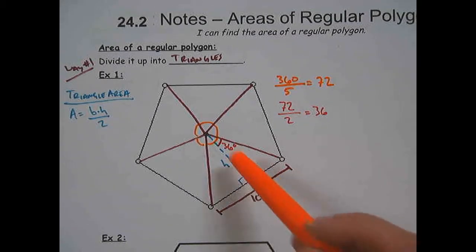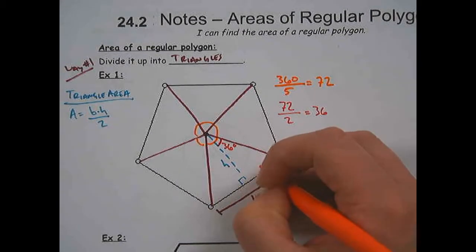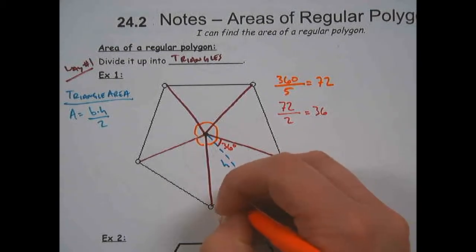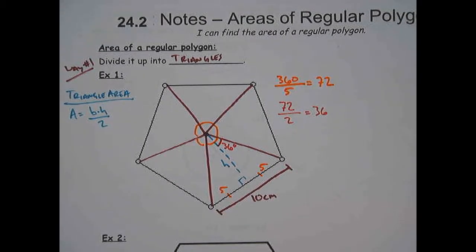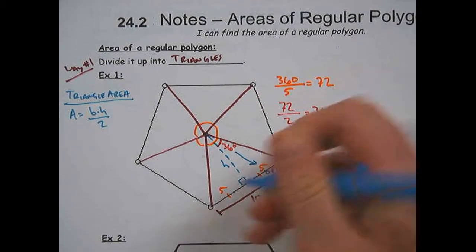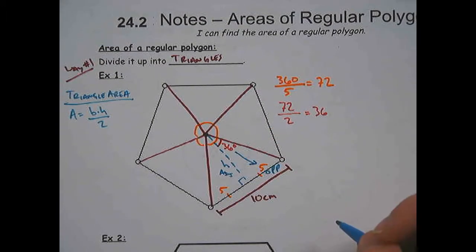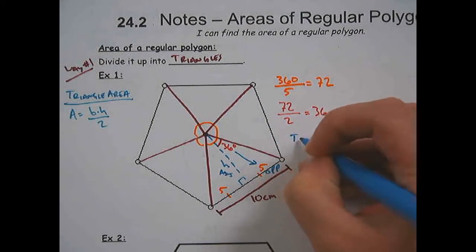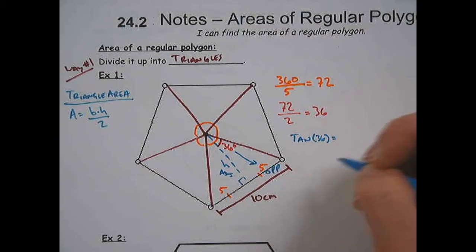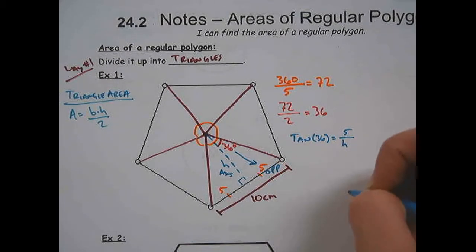One more important thing is that when I drop the height down, it cuts this side in half into 2 equal pieces. So this is 5 and this is 5. Now, to this angle, this is the opposite side and this is the adjacent side. With opposite and adjacent, I'm going to use tangent. So tangent of 36 degrees equals opposite over adjacent, so 5 over h.